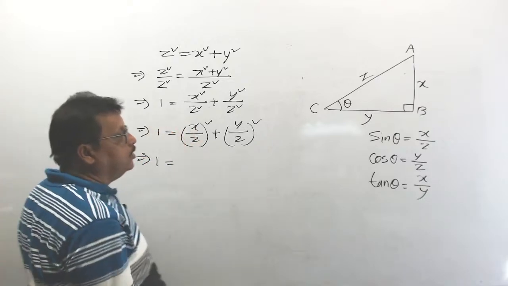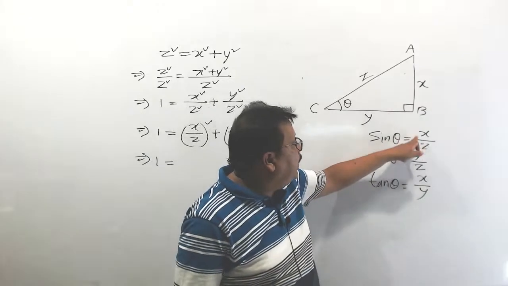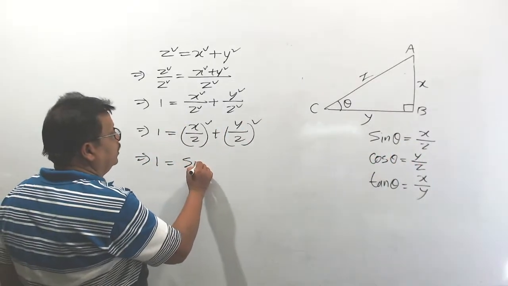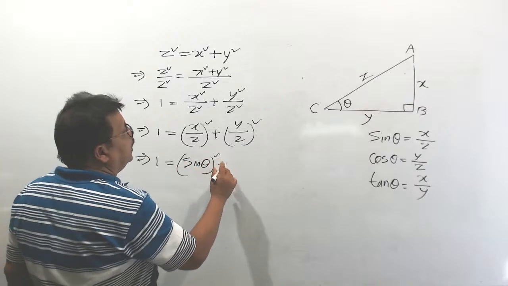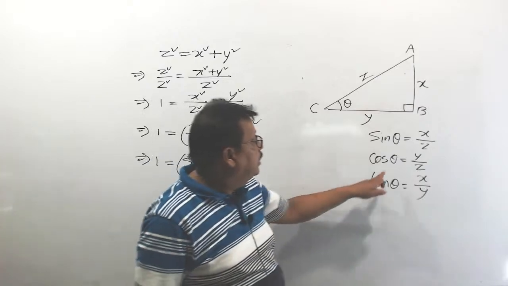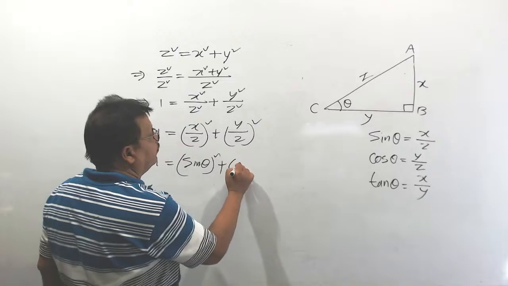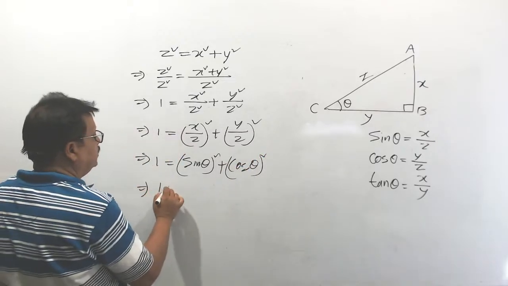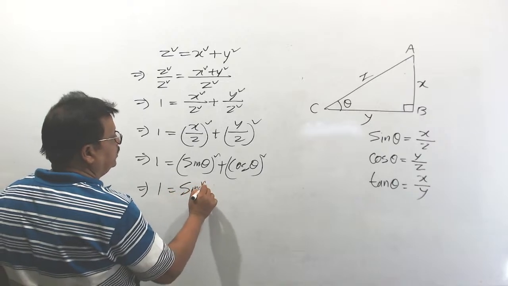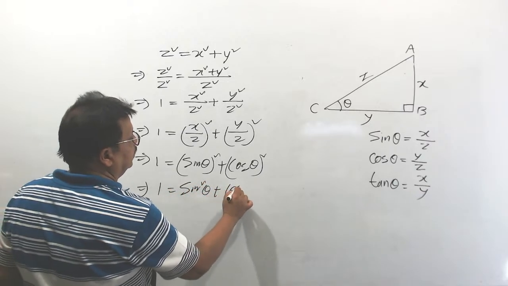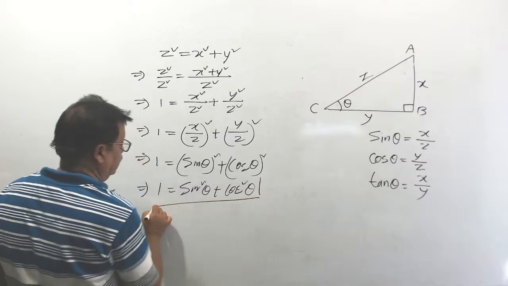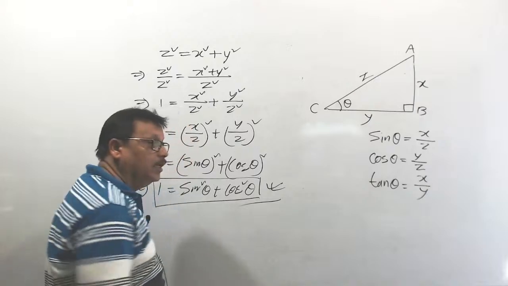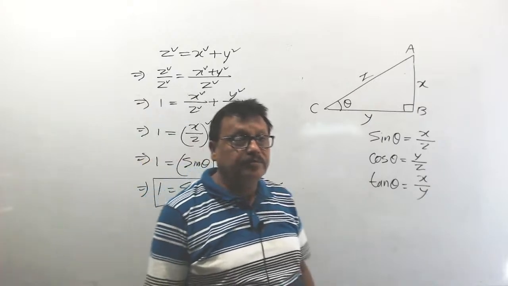X by z is sin theta, and y by z is cos theta. Understood? This is equal to sin square theta plus cos square theta. So this is a very important formula of trigonometry.